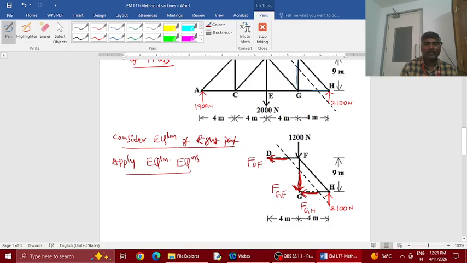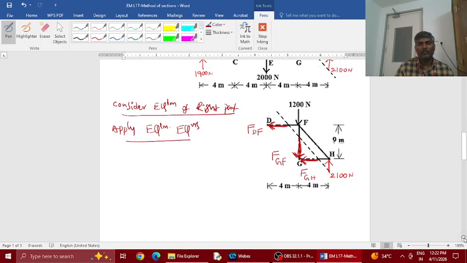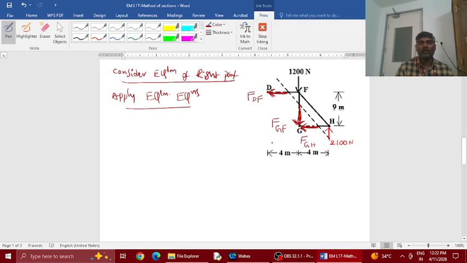Now here you can use either force equilibrium equations or moment equilibrium equations, but always try to have as many moment equations as possible so that your solution will become simple. I'll let you know how you do that.